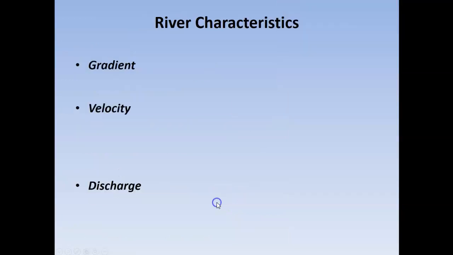Okay, so if we're going to look at some of the characteristics, I mentioned some of these terms, and I just want to make sure that you're on the same page and understand what I'm talking about. The gradient of a stream we might talk about in, because we're here in good old US of A, the United States, feet per mile.